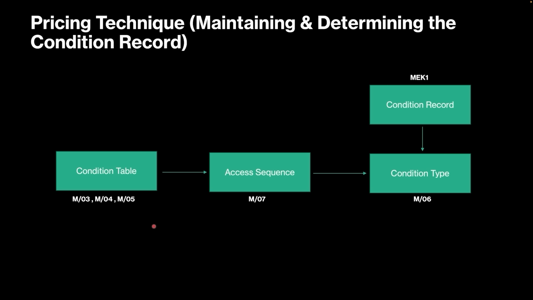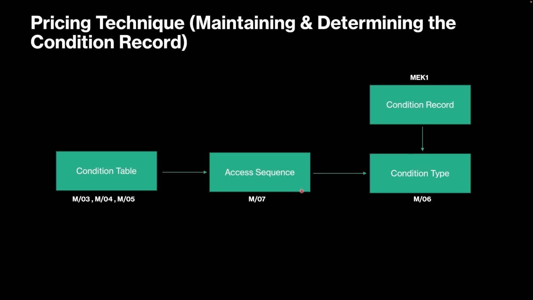Now when you create a purchase order, the system will try to find all the possible condition records available in the system which are applicable for your purchasing document, and then see in which sequence those condition records are arranged in the access sequence. And through this access sequence only, the system will return the applicable condition record for your purchasing document.